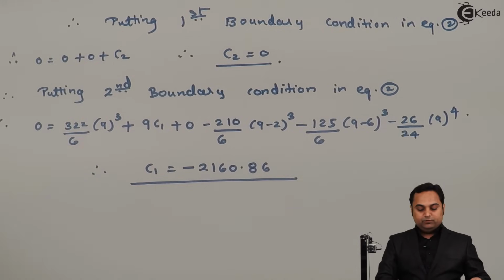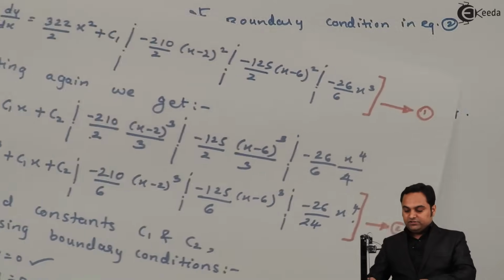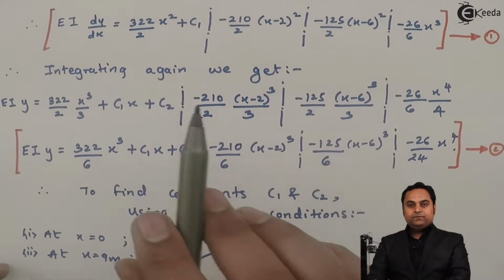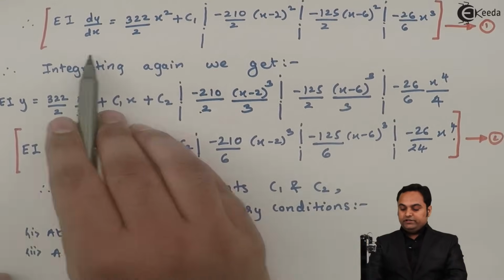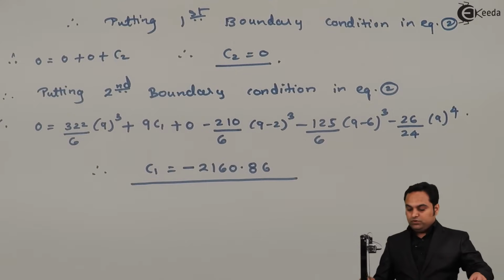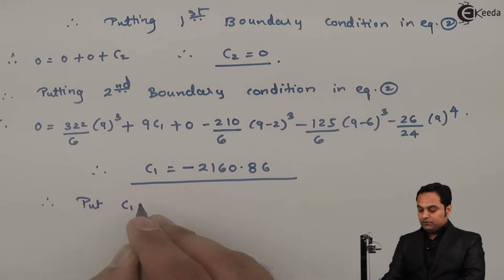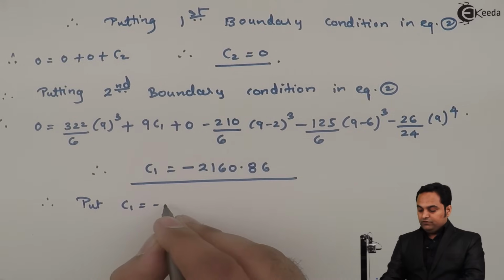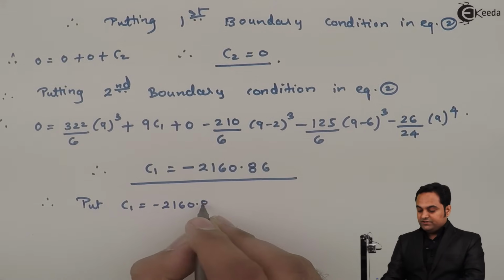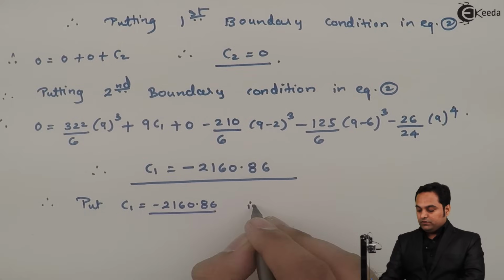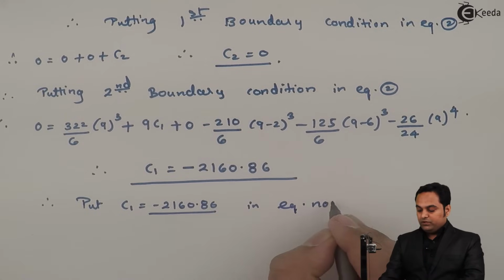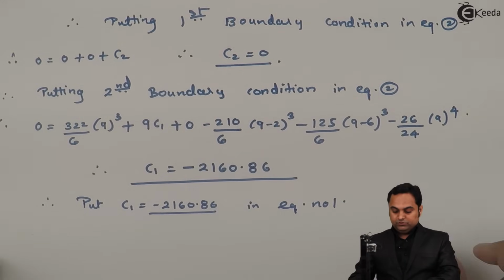The next thing would be putting the values in respective equation. So at first I'll put value of C1 in equation number 1 to get the slope equation. So after this, therefore, put C1 is equal to minus 2160.86 in equation number 1. I'll put the value onto the next page.